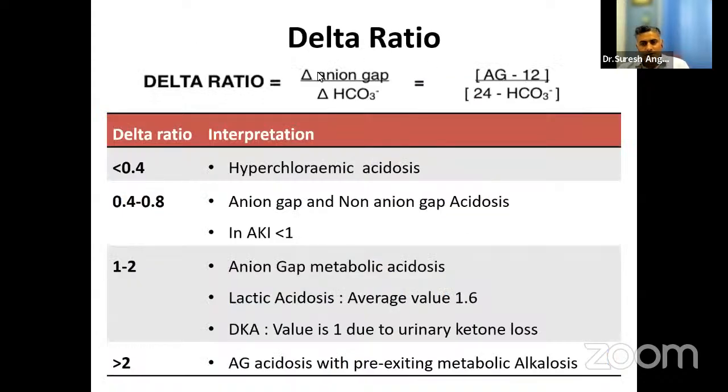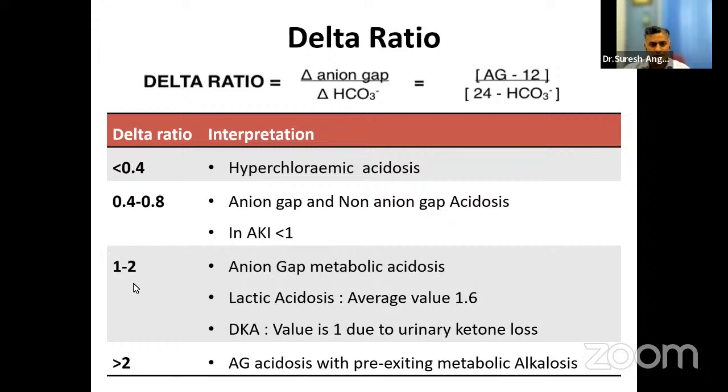If there is metabolic acidosis, then it is also desirable to calculate the delta ratio, which is the ratio between delta anion gap and delta bicarbonate. And these are the values which suggest what the exact cause is. If the delta ratio is less than 0.4, then it is hyperchloremic acidosis. If it is between 0.4 and 0.8, it is combined anion gap and non-anion gap metabolic acidosis, and it is commonly seen in AKI with a value of less than 1.